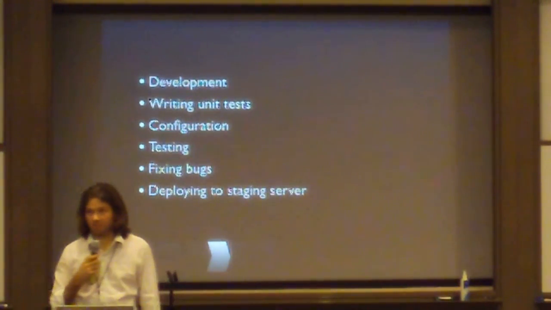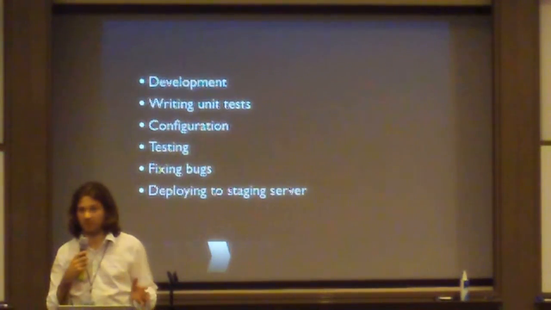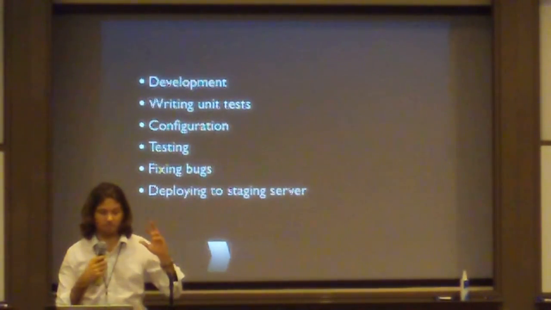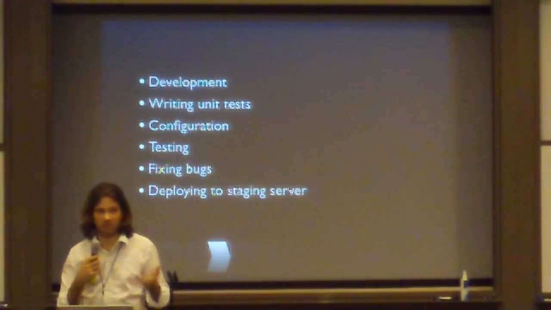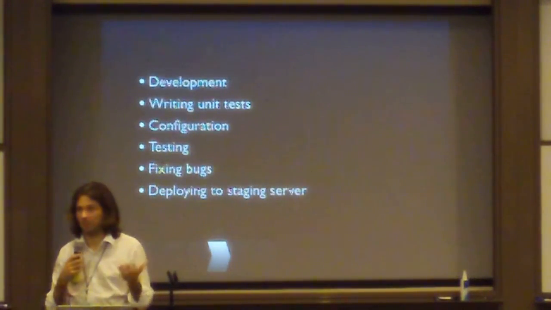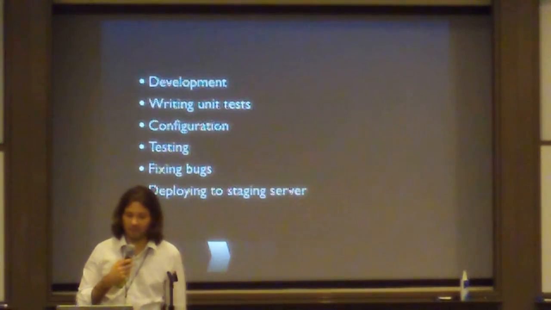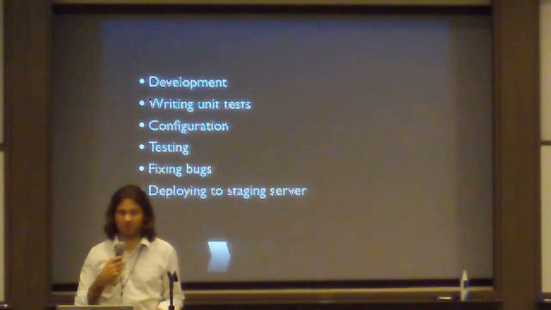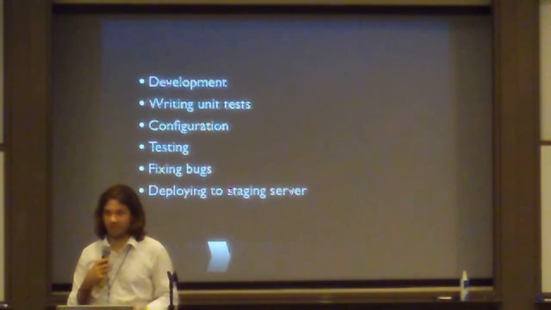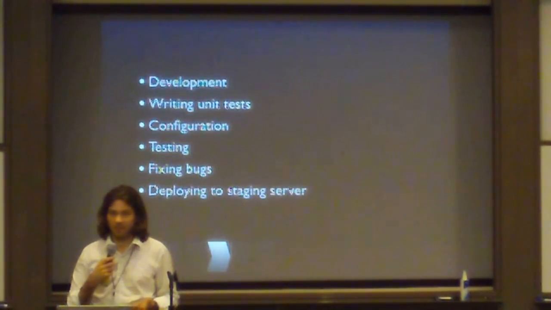You do configuration, you set up things, you do configuration management, you might create features using Strongarm. I'm sure some of you are familiar with these techniques, which are very commonplace when you build Drupal sites these days. You need to test the feature, make sure it's bug-free. You need to fix those bugs you find, and you need to deploy it to a staging server at least.